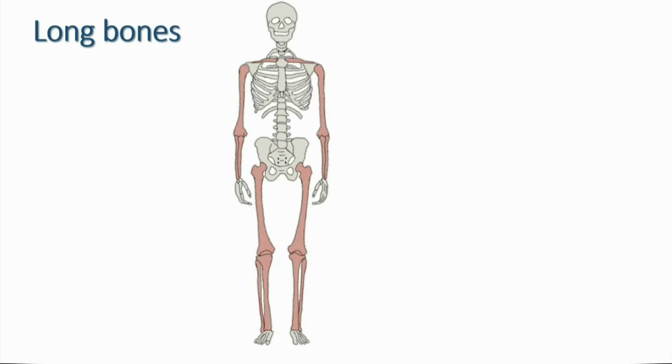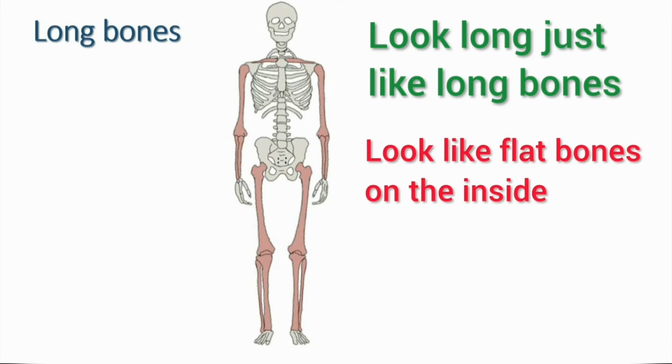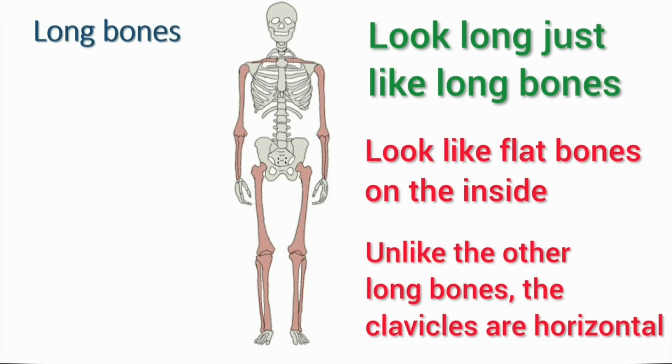Clavicles are considered long bones because they are long in shape. But if you check the inside, you'll see that it also looks a little bit like flat bones. Plus, clavicles are the only long bones that are horizontal, unlike the other long bones which are vertical.